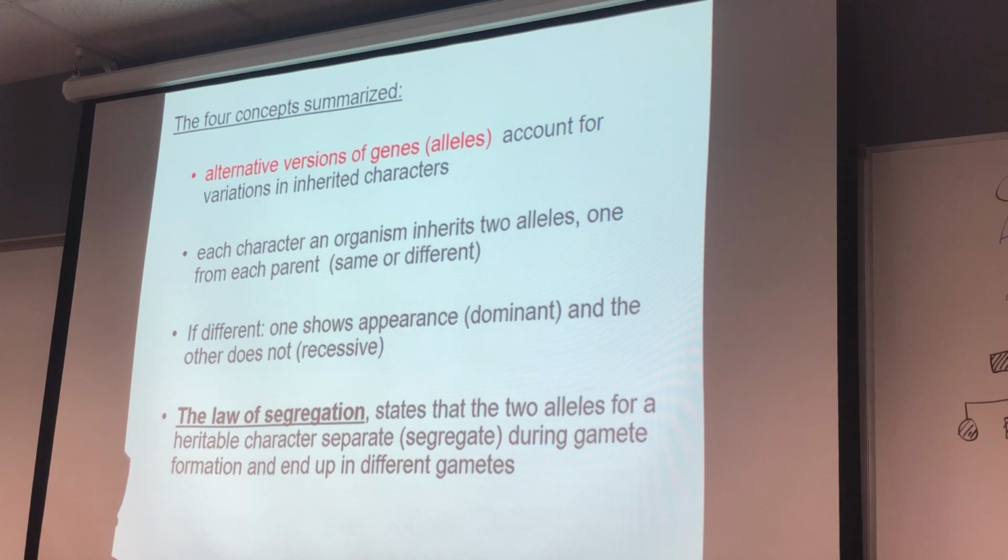Alleles, right? Alternative versions of a gene that account for those character variants, those traits, okay? Number two, concept number two. Each organism inherits two alleles for each character, one from each parent. One from mom, one from dad, okay?